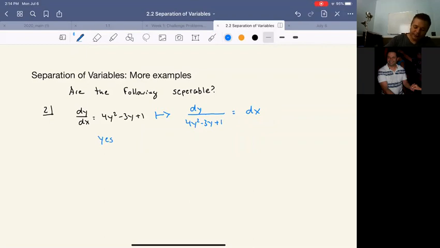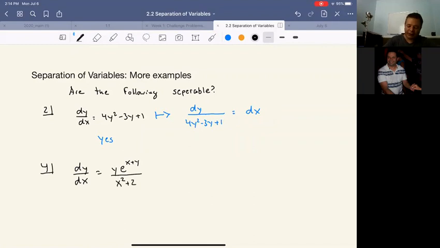Okay. Number 4 was dy/dx equals y e to the x plus y over x squared plus 2.